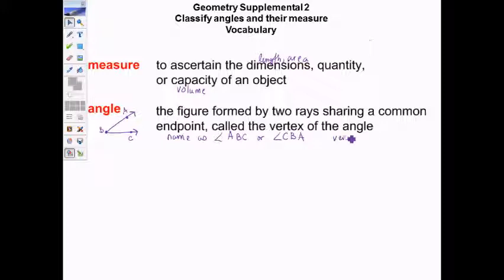But the vertex has to be in the center. Okay, if I said angle BAC, I would be talking about an angle that came up like this and then went down like that. A would be the vertex. So that's really important that the vertex letter is in the center. The other two letters can go either side.